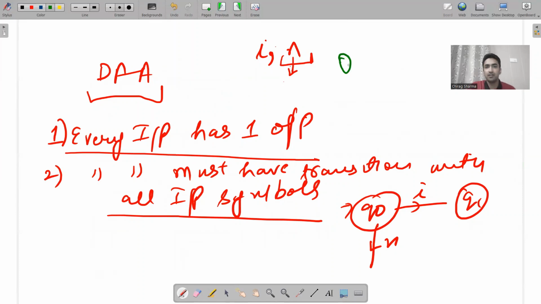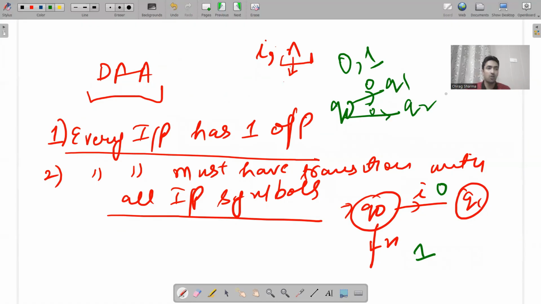If you have 0 and 1, then Q naught will have a transition with 0 and 1 both. But it doesn't mean that Q naught, when given 0, can go to two different states. It cannot, because every state has only one output that is determined properly. So I have given you the basic terminology of this particular part.